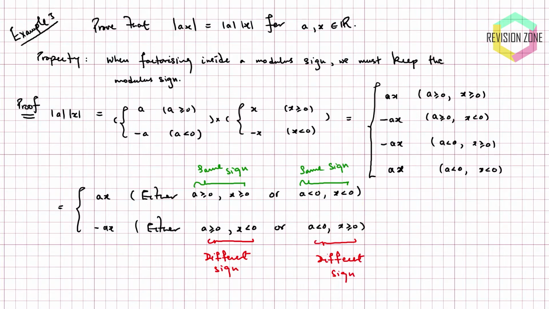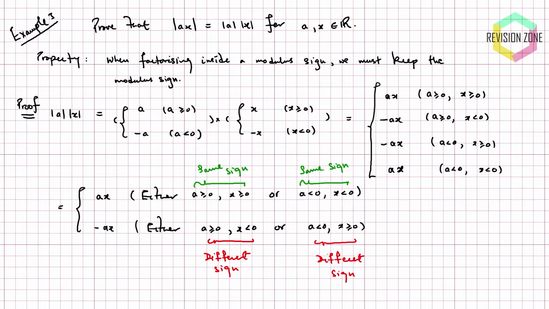So in other words, in the second case, if a is non-negative, then x is negative. And if a is negative, then x is non-negative, right? Whereas in the other case, a and x both have the same sign. They're both positive in that case, say, and both negative in that case, say.